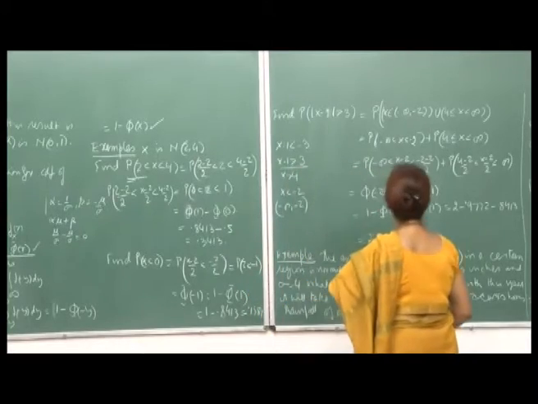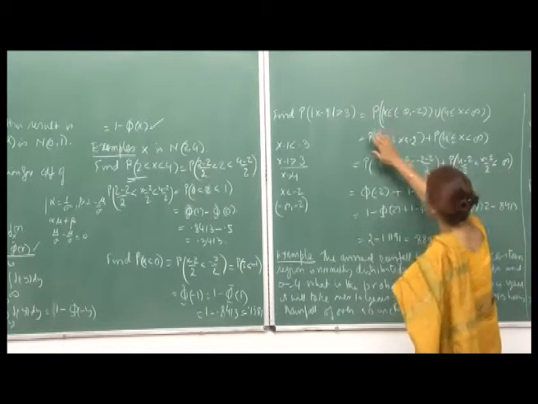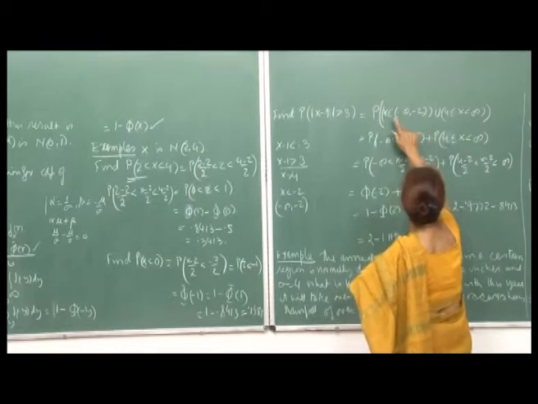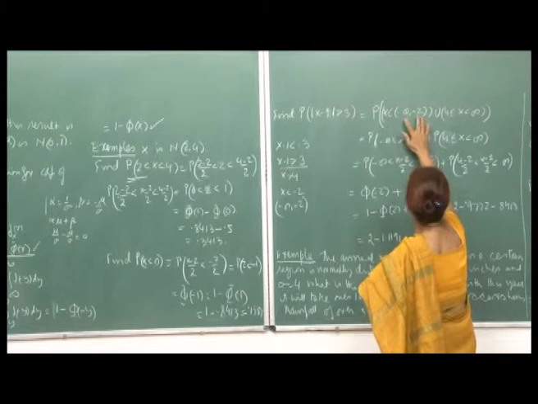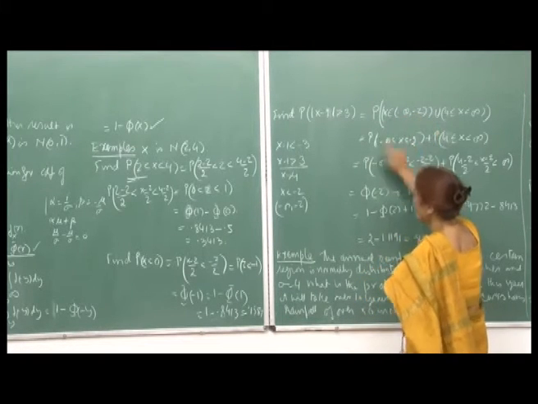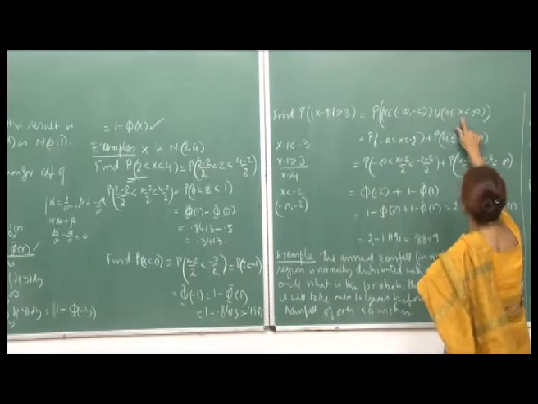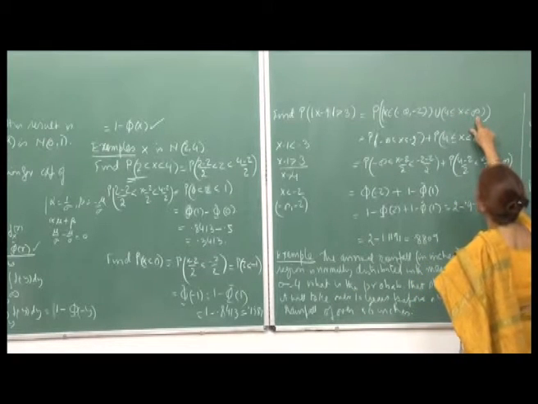So, I have written that this event is equal to x being either in minus infinity to minus 2, or in the set 4 to infinity.